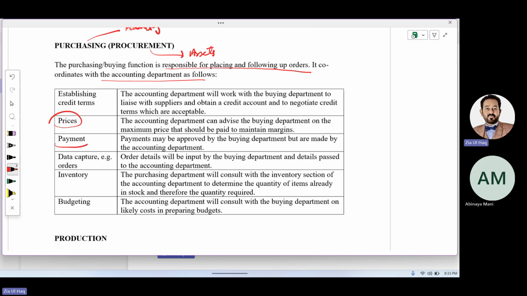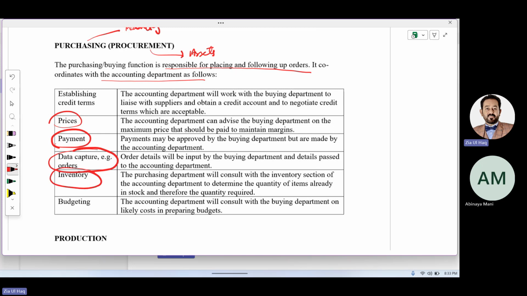Payment. While making payment, the accounting department will provide information. In fact, payments for purchases will be made through the accounting department. Data capture, for example orders, because the accounting department needs to keep details of orders, when we place the order and when we need to make the payment.